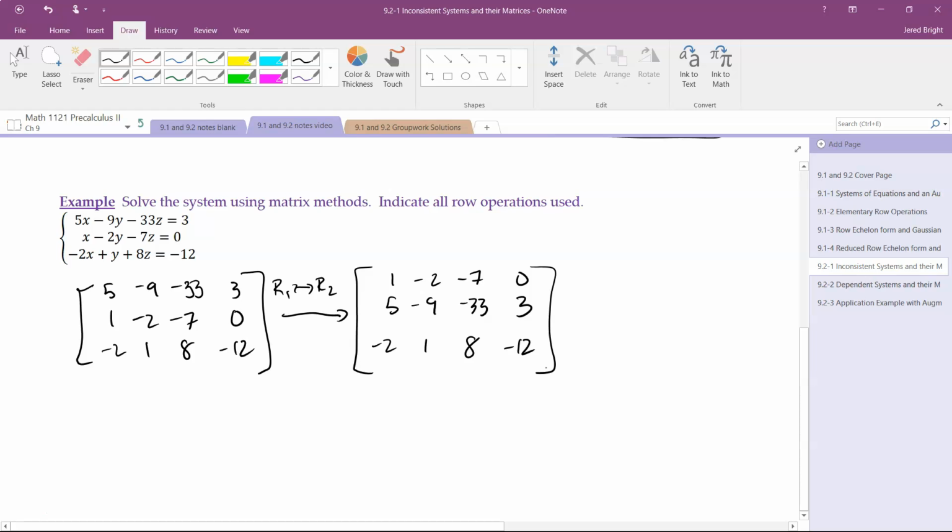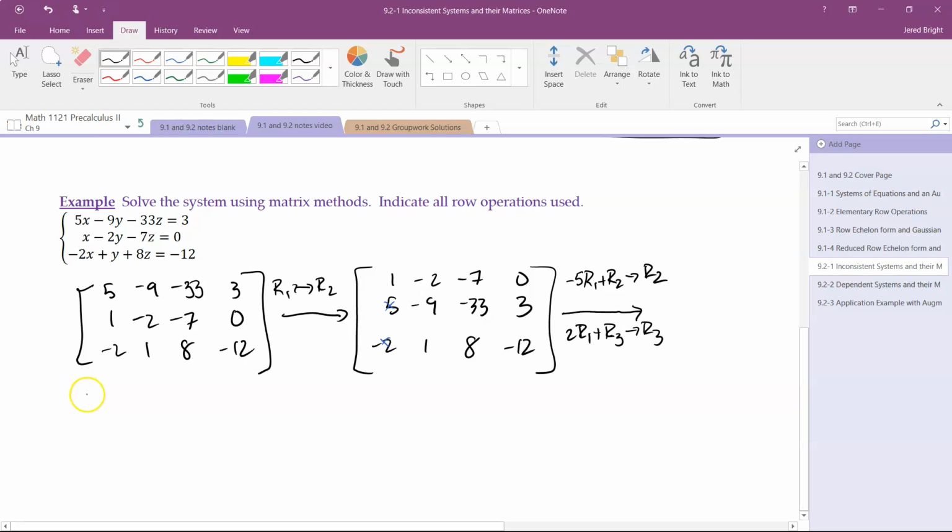The next thing I'm going to do is knock out the 5 and the -2, so that's in row echelon form. So I'm going to do -5 row 1 plus row 2, put that into row 2, and then 2 row 1 plus row 3, into row 3.